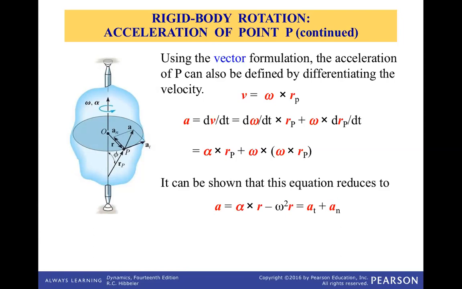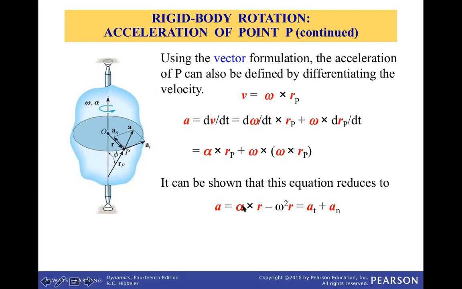All right. So at the end, you can look at the magnitude and the directions. For the magnitude, it turns out to be omega squared times r. Or if you do the cross product here, you'll see it's minus omega squared r.